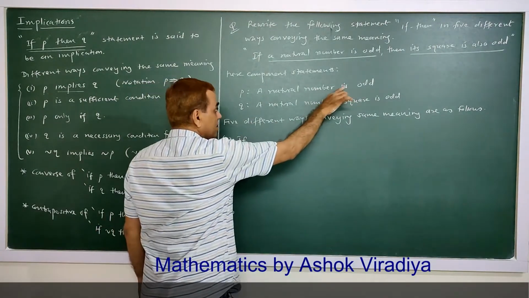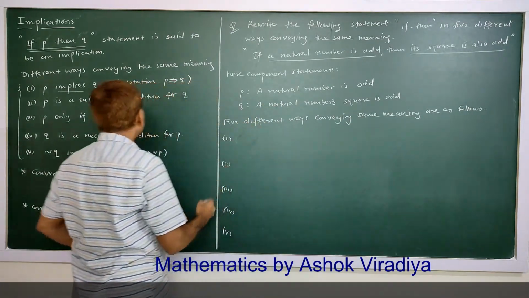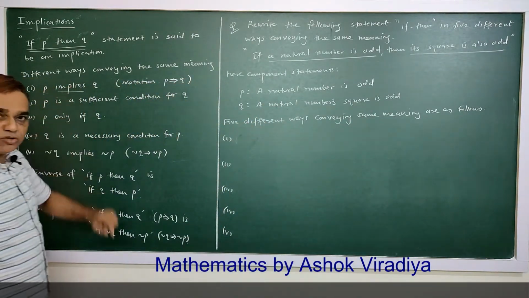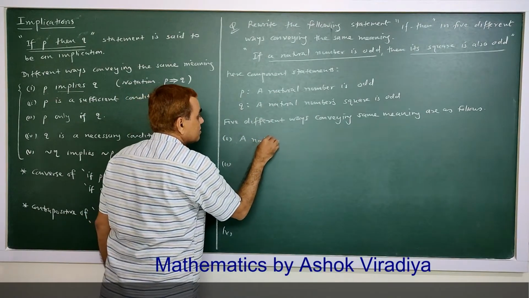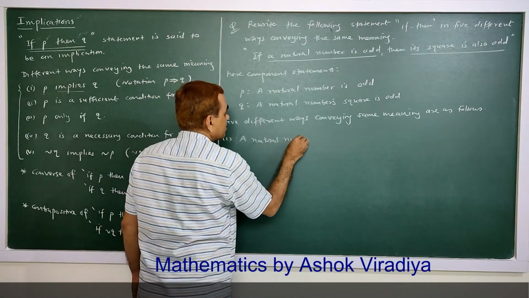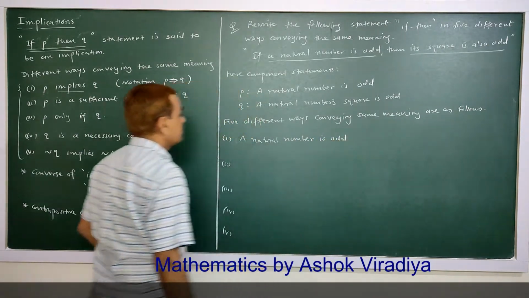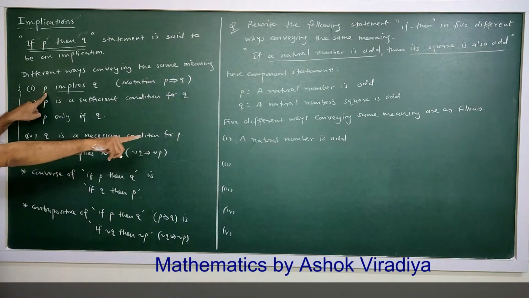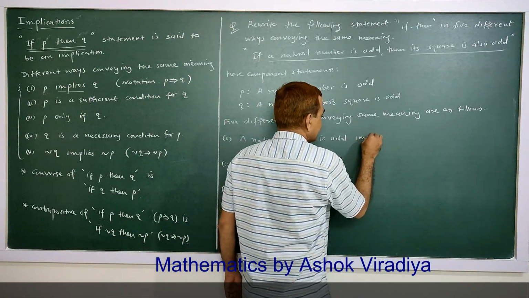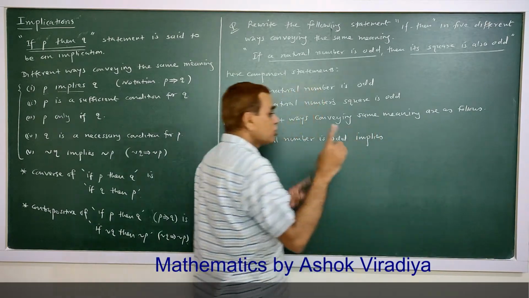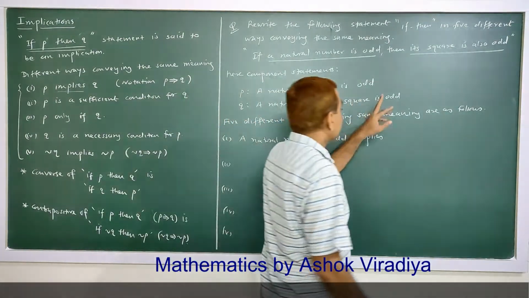If P then Q, now I am writing it this way, P implies Q. So what is P? A natural number is odd. This is P. Implies Q. So Q is, its square is odd.